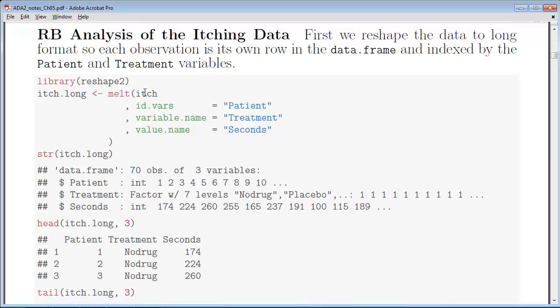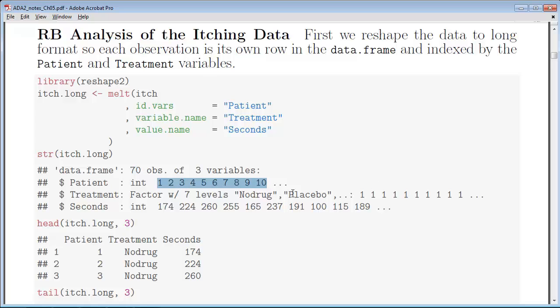All right, so the itch data looks just like that table did above, and we'll start by reshaping this by melting it into a long data frame. Now we've got 70 observations, 3 variables, so we've got which patient number it is. So these numbers go 1 to 10 and then 1 to 10 and repeat 7 times.